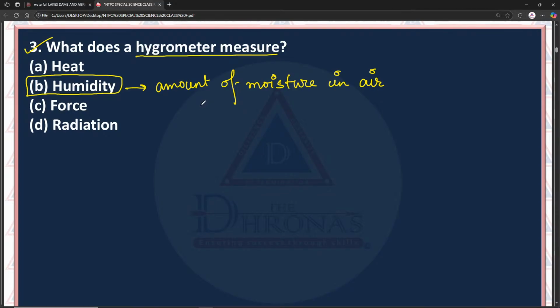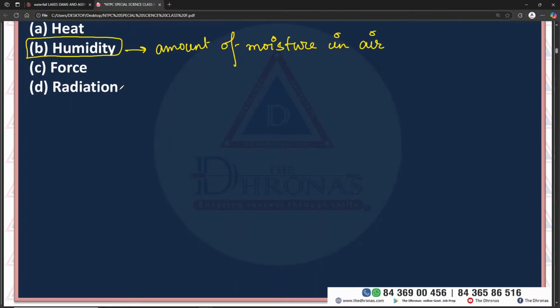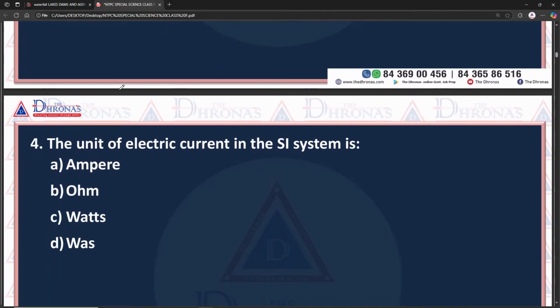That is actually presented as relative humidity. It is the ratio between the maximum amount of moisture in the air and the actual amount of moisture in the air, represented as a percentage. So hygrometer we use to measure humidity. Now moving on to the next question.